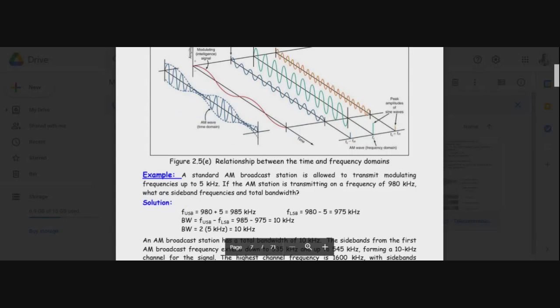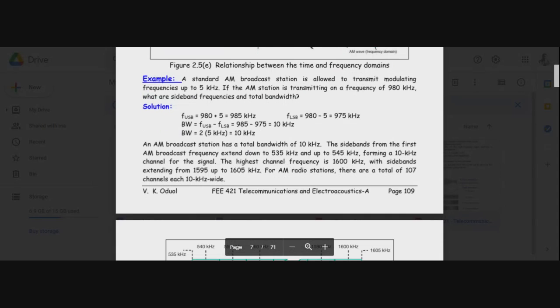Okay, so there was this example where a standard AM broadcast station is allowed to transmit frequencies up to 5 kilohertz. That actually is what they do. The message is up to 5 kilohertz.